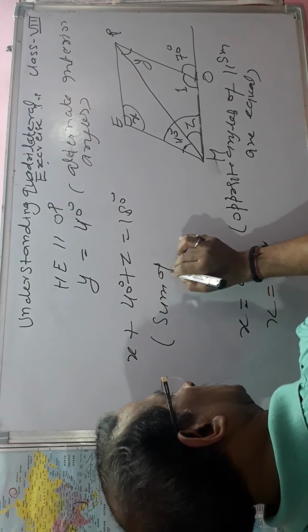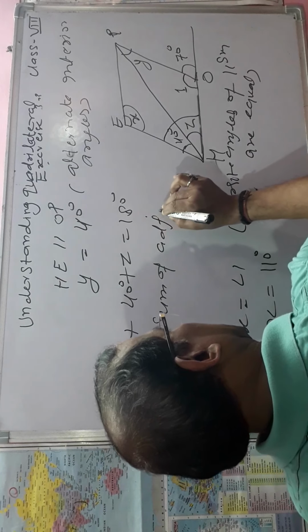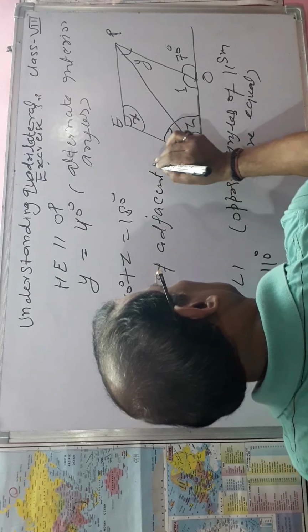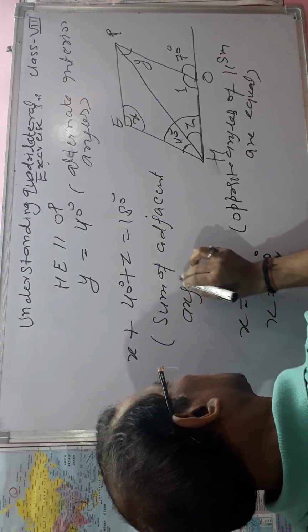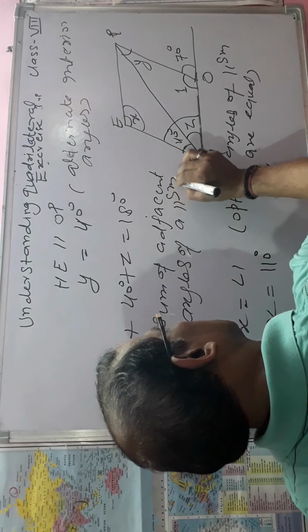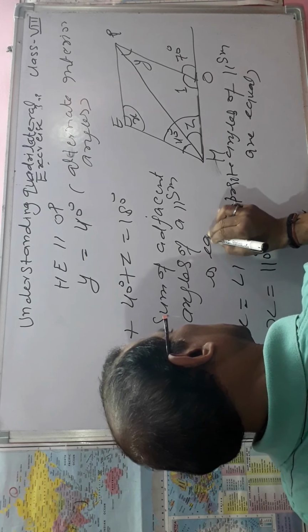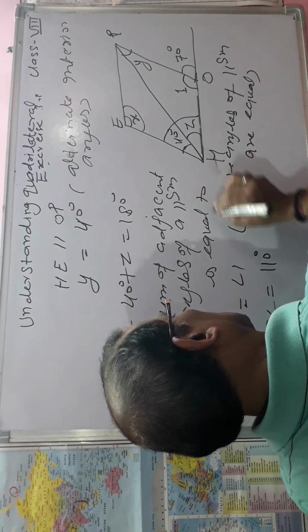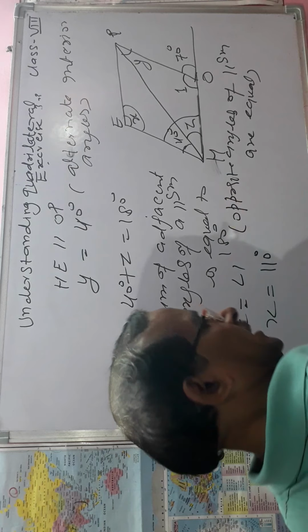Sum of adjacent angles of a parallelogram is equal to 180 degree.